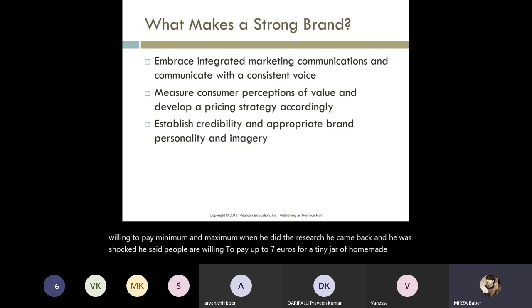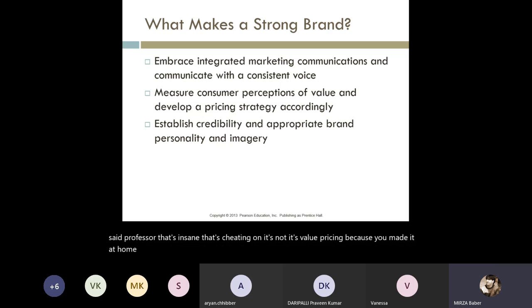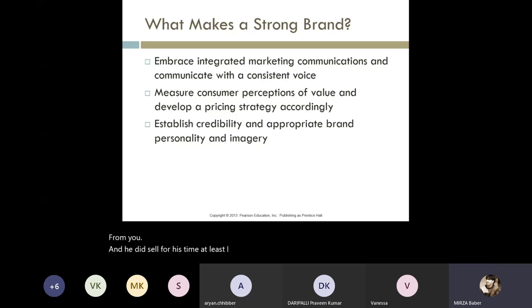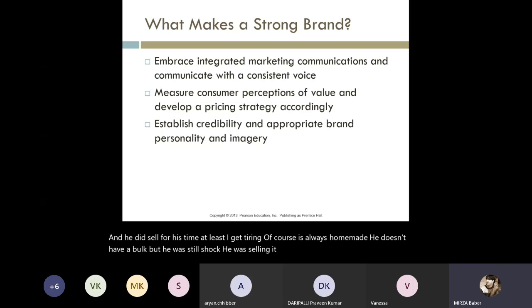It's like, Professor, that's insane. That's cheating. I'm like, no, it's not. It's value pricing because you made it at home. The ingredients are all natural and you are a trusted person. That's why they would buy from you. And he did sell for his time, and he's like, it's tiring, of course. It's always homemade. He doesn't have a bulk, but he was still shocked. He was selling it for €6 to €7. Initially, he also started selling in test tubes to show that he's like an engineer, a chemical engineer.